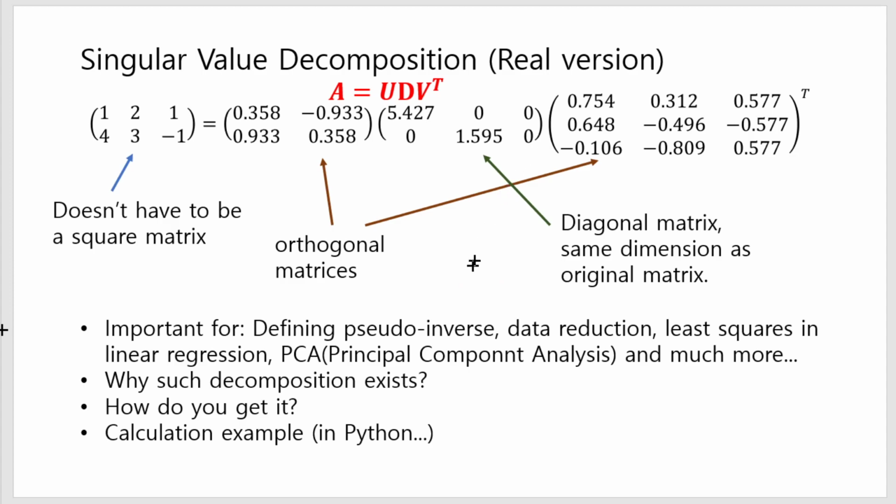Well, that's because it's used for defining pseudo-inverse. It's used to reduce the data in machine learning. It's used for linear regression. It's used for principal component analysis. Recently, with the advent of machine learning and data science, this SVD just became a lot more important than in the past.